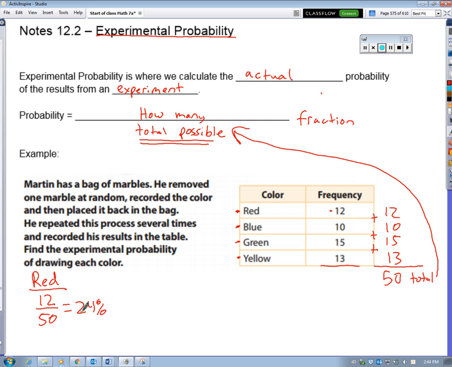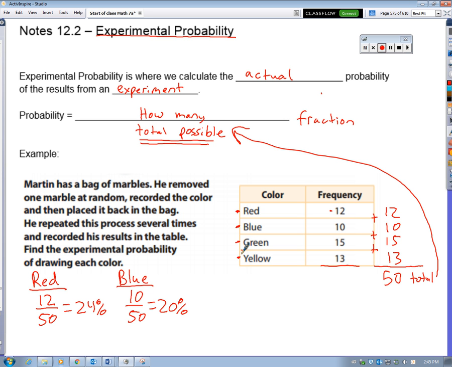I'm not going to show the details for calculating percent because we've done that in other chapters, and we did that in a review in the last lesson. So we'll just show it like this so that we can get through this. If you still have questions on how to get percent, please let me know, and we can work that out. So here's our fraction, there's our percent. For red, it was a 24% chance. That's the probability. Let's take a look at blue. For blue, we have 10 marbles drawn that were blue. So we got 10 out of 50, which gives us 20%.